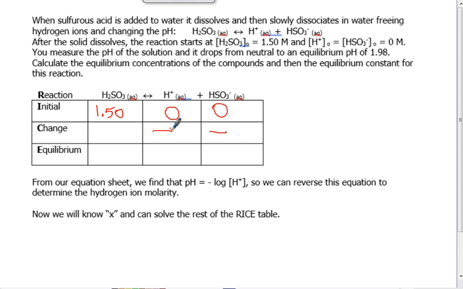The only thing that can be happening on this side is addition. On this side, though, we're going to be losing stuff. We're going to be losing reactants and making products. Because we can't subtract from 0. I know in your calculator you can get negative answers, but you can't get negative answers in actual matter. All right. So I'm going to throw X values in there.